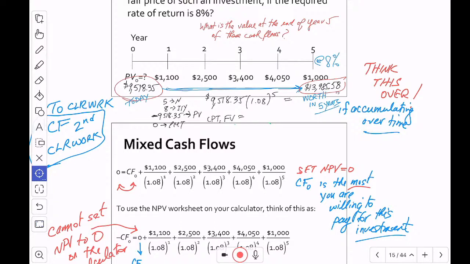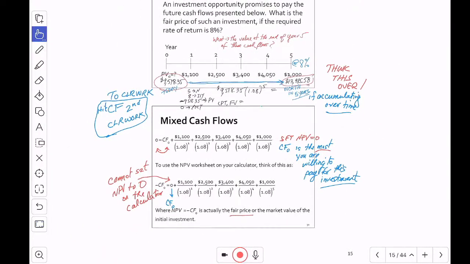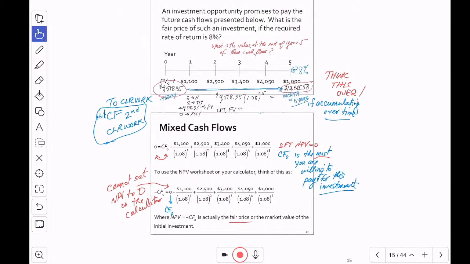But that's the value of the investment. So think about that, and maybe I'll mention it again soon, so it'll click by then. But what we figured out was the fair price.